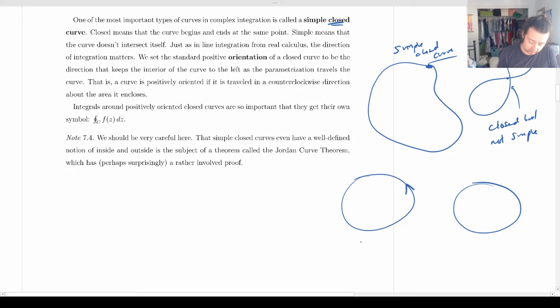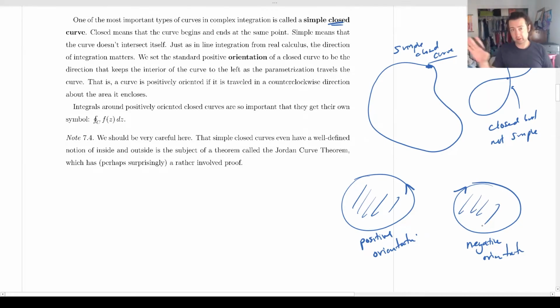We're going to choose this to be the positive orientation, where I keep the inside of the region that I've wrapped up to the left. And this is going to be called the negative orientation, where as I traverse the curve, I keep the inside of the area that I'm traveling around to the right.